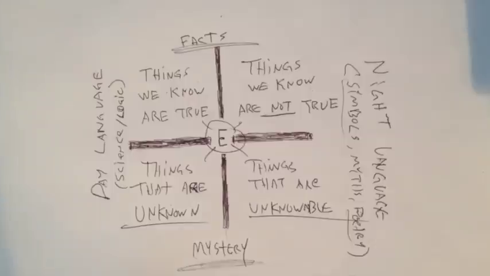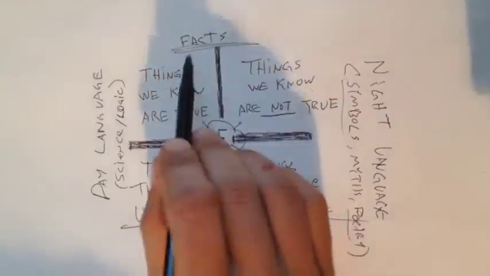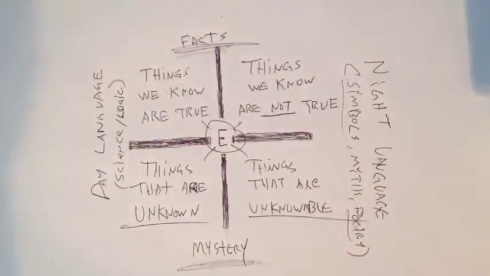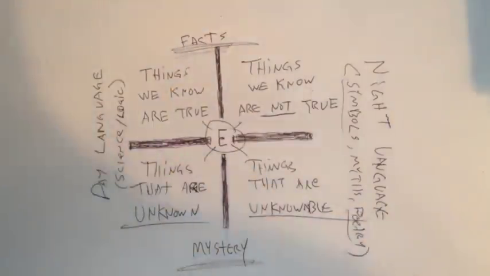These are symbols that will get you in touch with the mystery of reality and get you to think about yourself in relation to your society in ways that general, factual, practical ways will not necessarily do. Let's talk about other kinds of truth real quick.